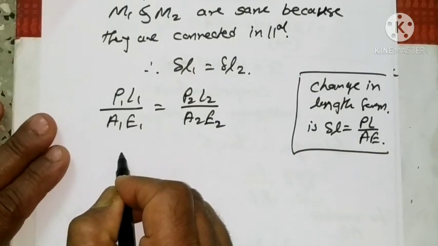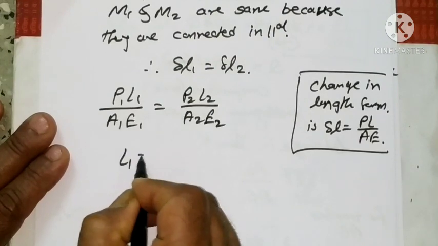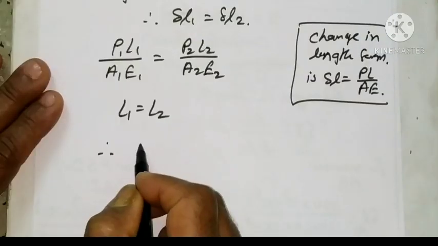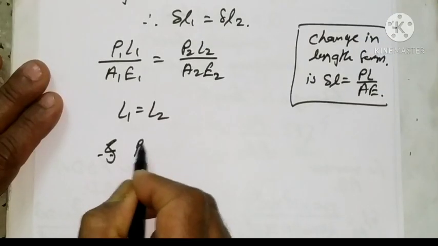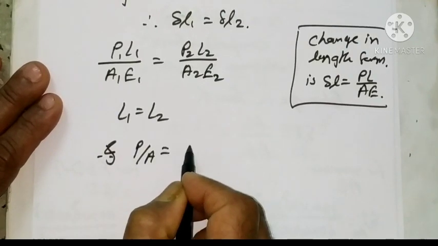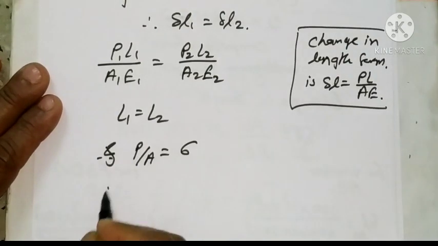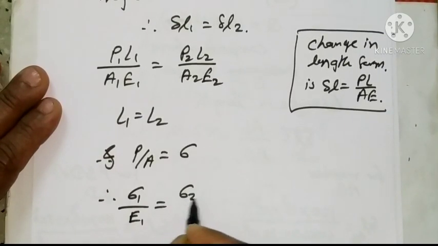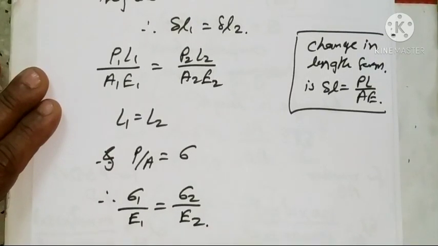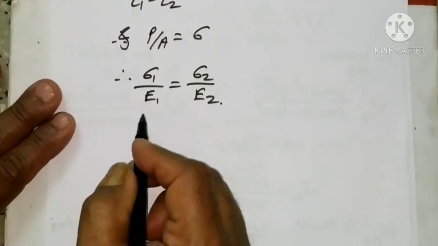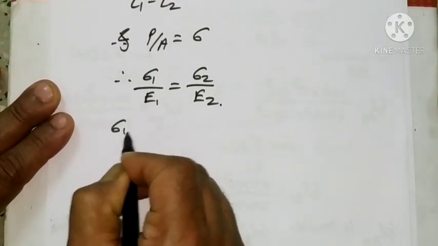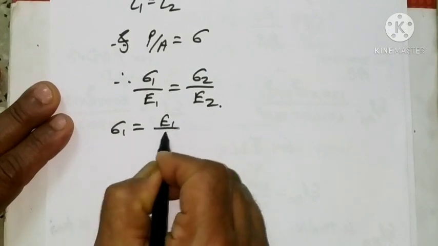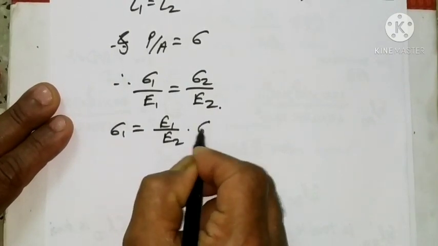Material length is same, L1 equal to L2, and P upon A is equals to sigma. Therefore, sigma 1 upon E1 equal to sigma 2 upon E2. Sigma 1 is equals to E1 upon E2 into sigma 2.